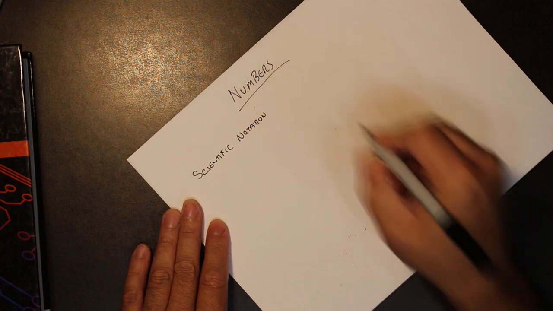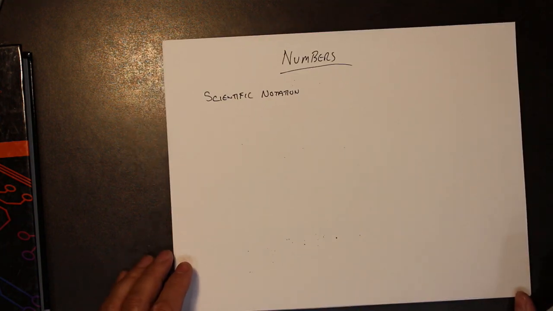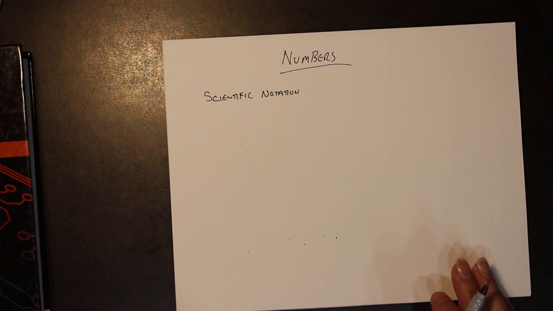Scientific notation is a way of expressing a number and taking that number and using it as a multiplication factor of 10.